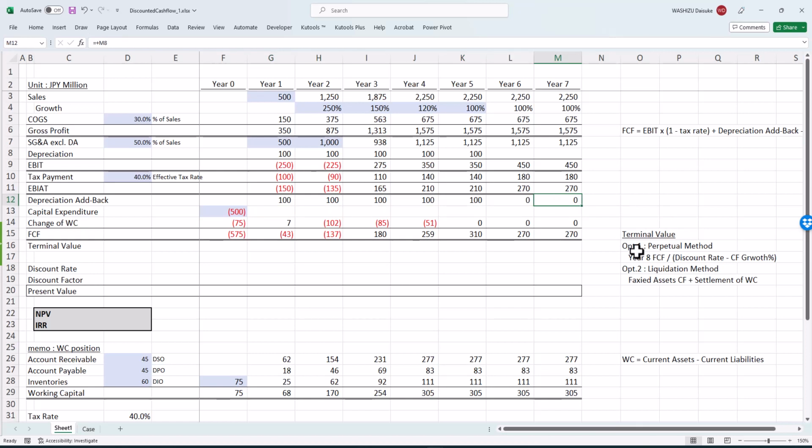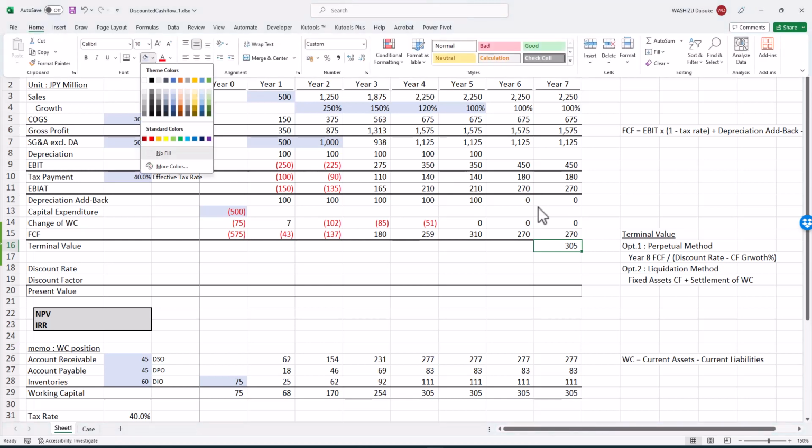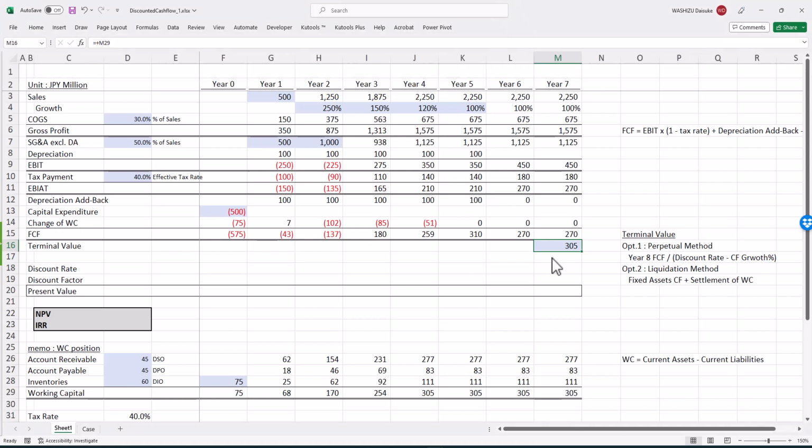So it's tough to predict selling it at a price. So this time, I don't want to put assumptions of cash inflow related to the fixed asset, just the working capital. Now we have 305, which will be collected, so I want to put 305 as the terminal value.